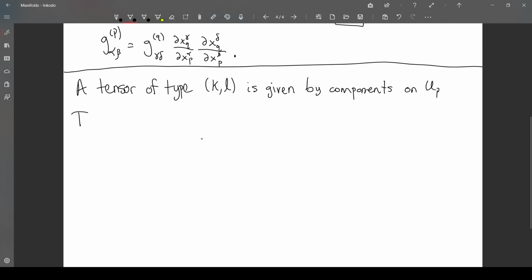T, and the way we're going to denote this is little P here to denote we're on the chart U_P, with indices i1 dot dot dot ik, j1 dot dot dot jl, of x.